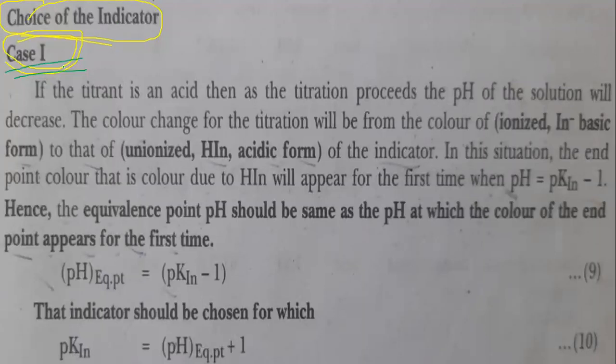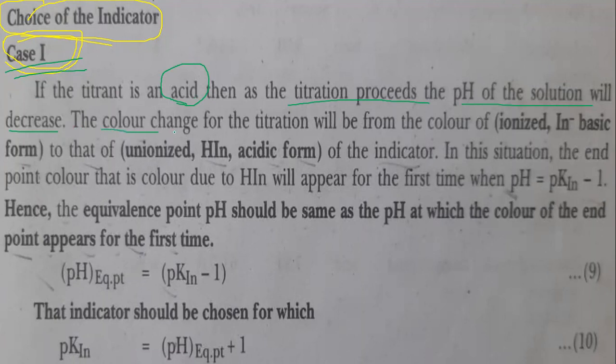In the choice of indicator, what is the first case here? See, if the titrant is an acid, the one you are taking in the burette, then as the titration proceeds, the pH of solution decreases, meaning it is going towards the acidic pH.